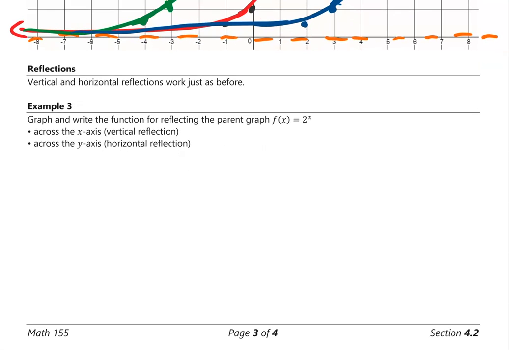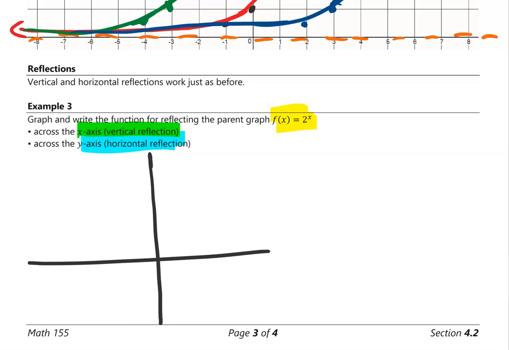So example 3. Graph and write the function for reflecting the parent graph f of x equal to 2 raised to x. So we're always using this. Across the x-axis is a vertical reflection, and across the y-axis, we call it a horizontal reflection. So I'm going to start again with our f of x, which is 2 raised to x.